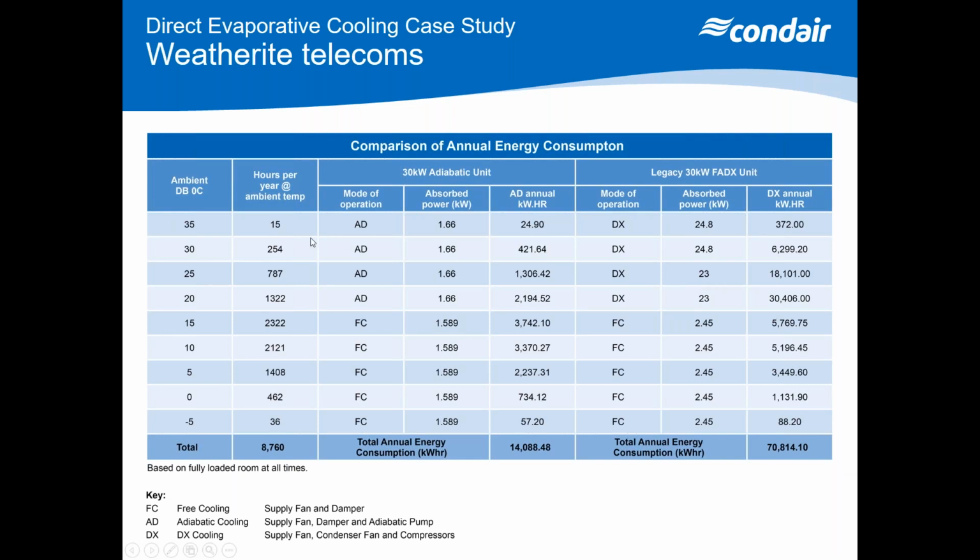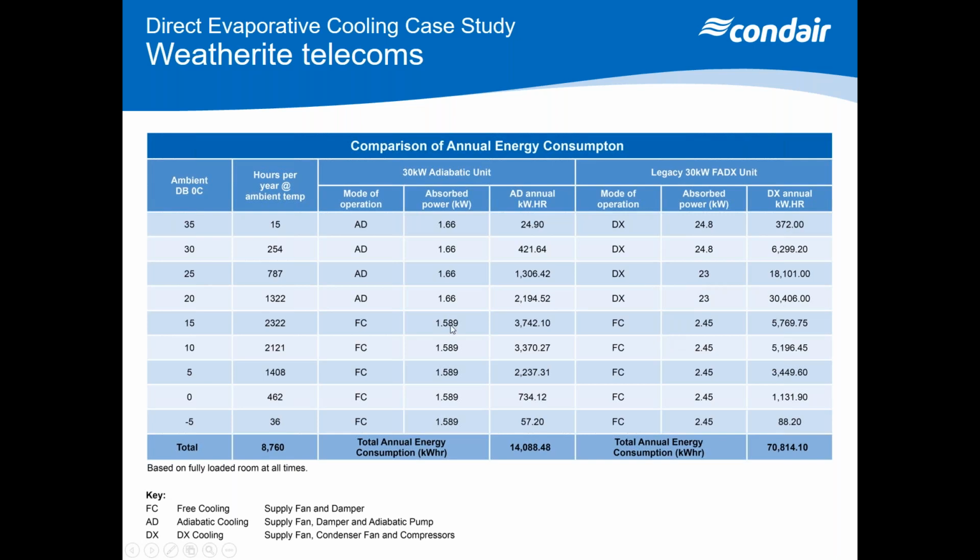So clearly, when the air temperature is below 15 degrees C, both systems are running on free cooling. So we're just using fresh air to go into the space to provide the cooling required. And we can see the absorbed power for each unit on looking at the middle column. And they're not that dissimilar, and you would expect to see that.